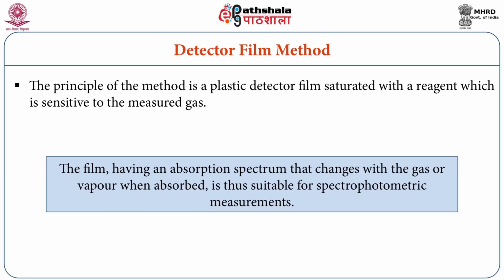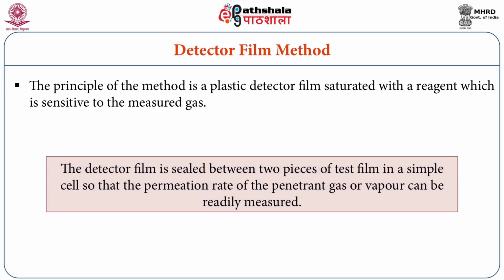It is thus suitable for spectrophotometric measurements. The detector film is sealed between two pieces of test film in a simple cell so that the permeation rate of the penetrant gas or vapor can be readily measured.